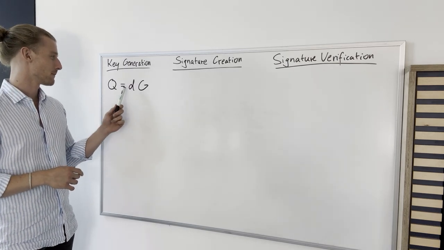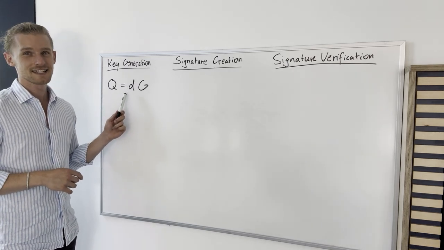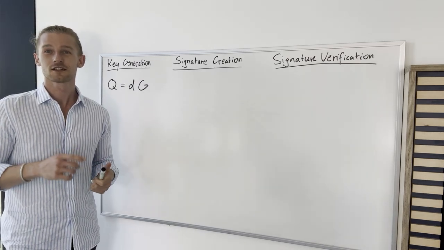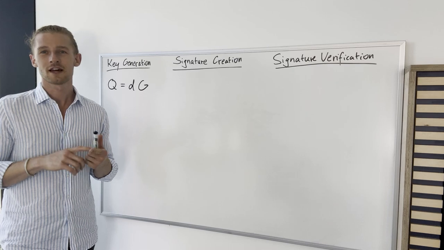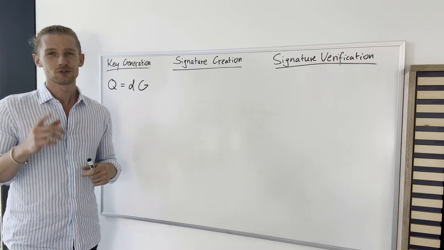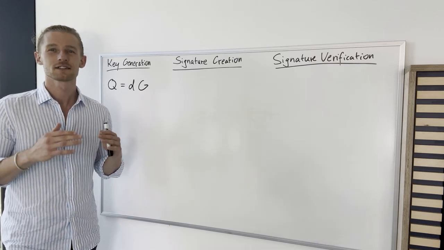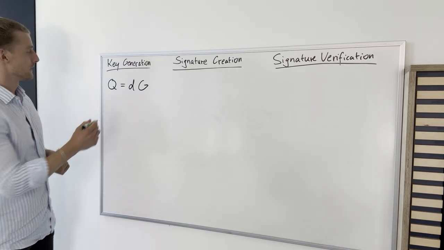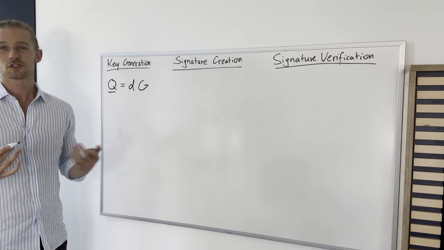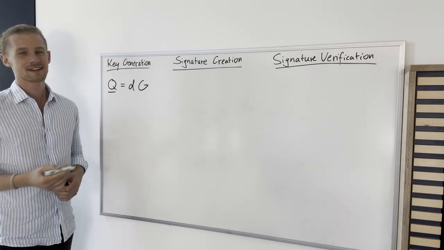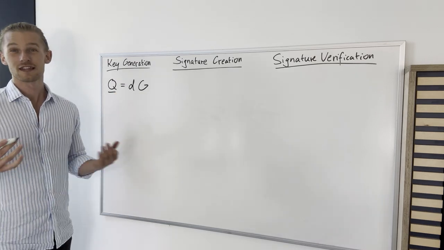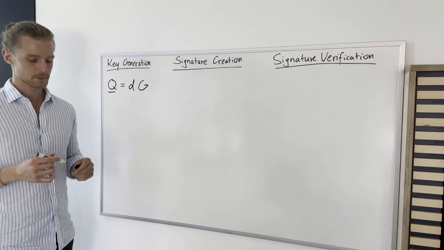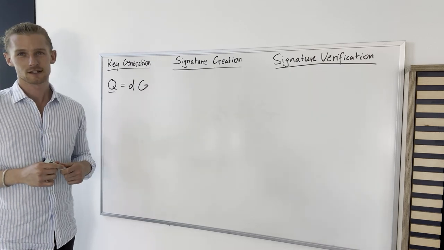Now also remember the private key D is essentially just a really large integer that is securely and truly randomly created, and that you or whoever creates it keeps secret, so nobody else can know about this private key. And then your public key, which is Q here, just becomes the generator point multiplied by the integer that is your private key, and that then links to another point on the elliptic curve, which is your public key.